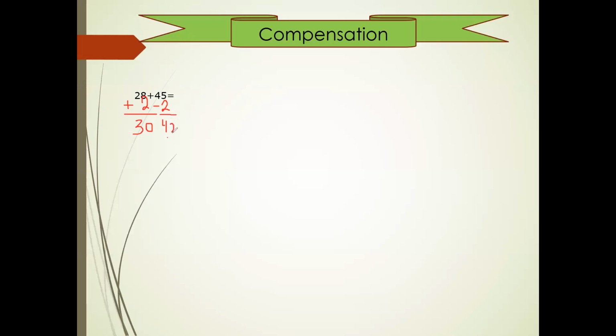And now what I see? Now I see 30 plus 43. When I get 30 plus 43, I join tens and tens, ones and ones, and I see that this is 73.